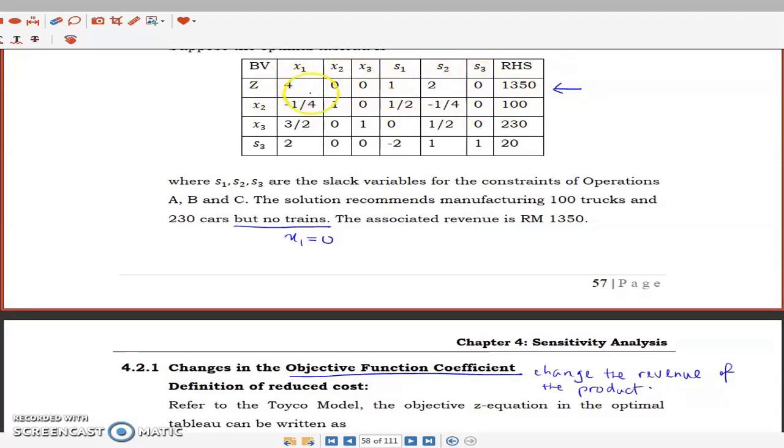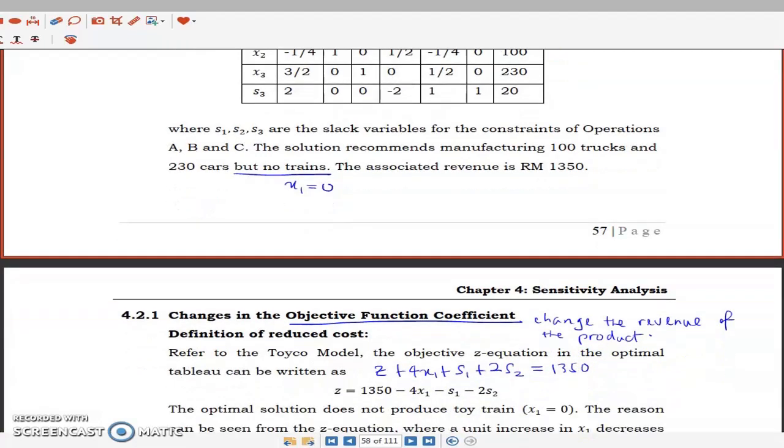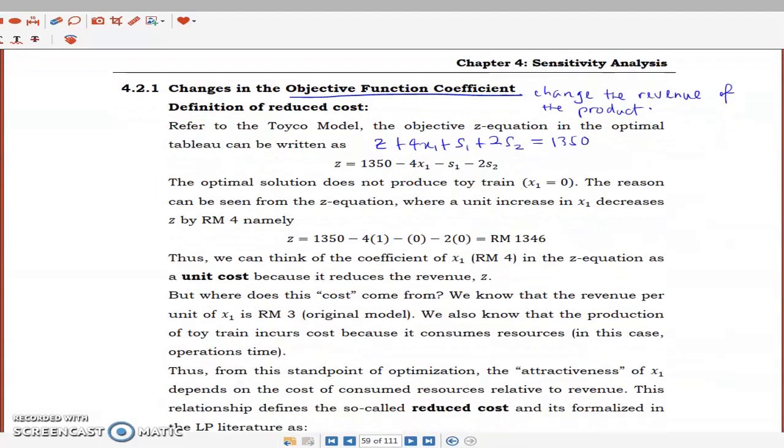Okay, from this row, we can write it as Z plus 4x1 plus S1 plus 2S2 equals 1350. And then, when we rearrange this equation, we get this.